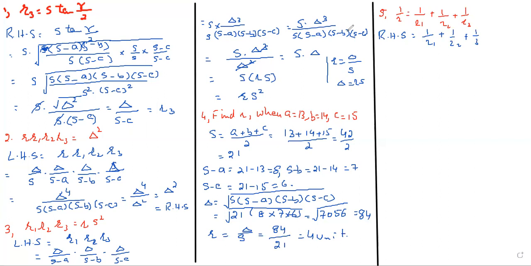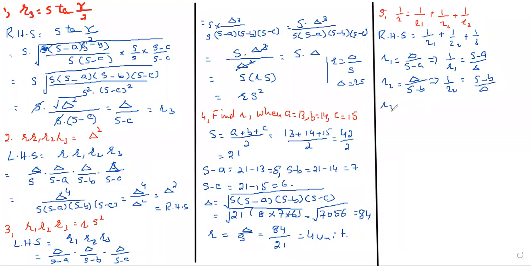Now, I'll show you with a very easy method, okay? So R1 equals delta over S minus A, implies 1 over R1 equals S minus A over delta. Now, R2 equals delta over S minus B, means 1 over R2 equals S minus B over delta.